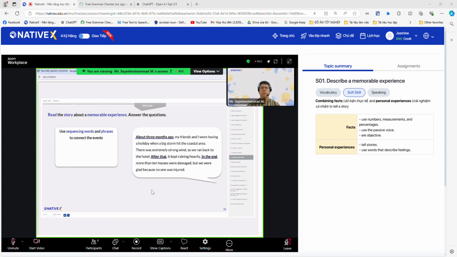So in the end, for example, finally, last week, and then are also phrases that you can use to connect the events. Okay, guys, any questions so far?